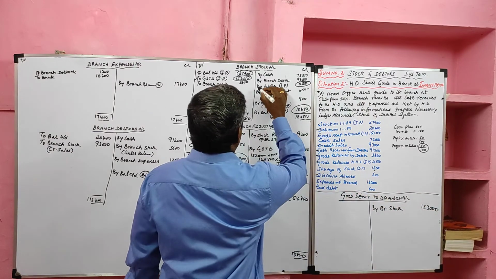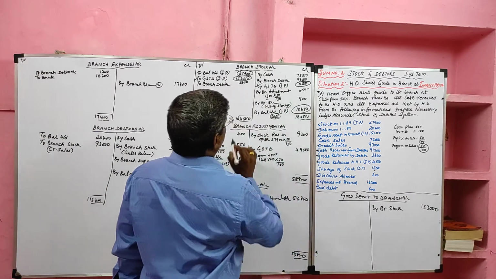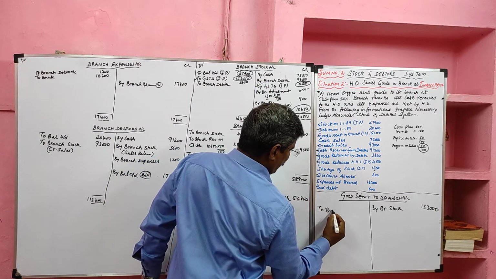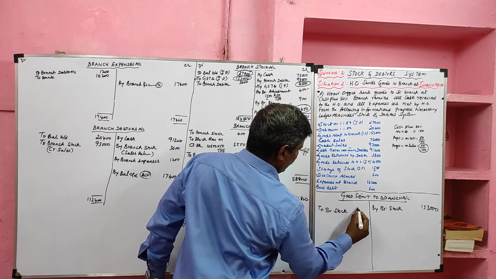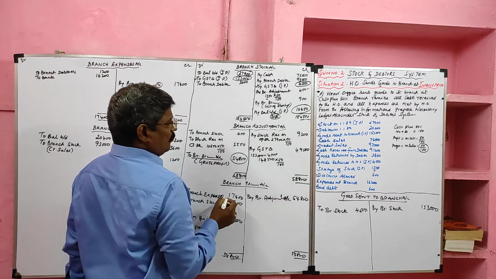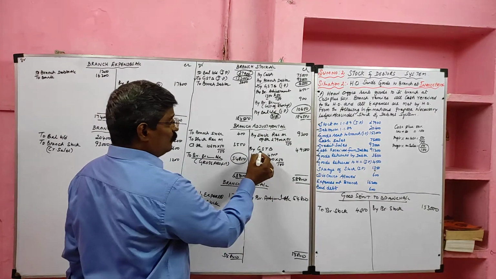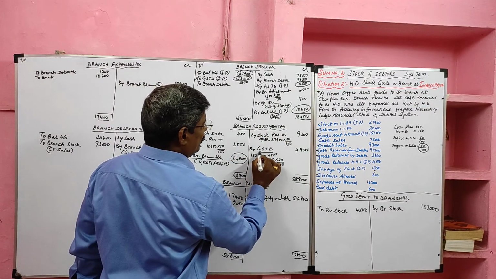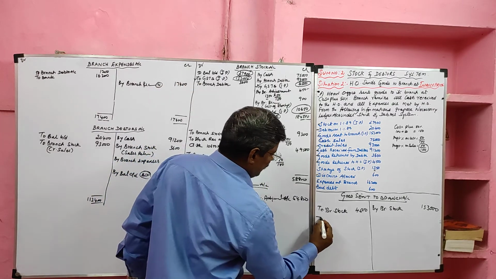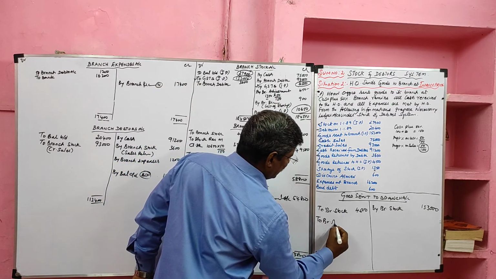Then in credit side, goods sent to branch credited in branch stock account. Here it should be debited as to branch stock account, value 4,500. Then in branch adjustment account, we have taken stock reserve on goods sent to branch. It is recorded as goods sent to branch in the credit side of branch adjustment account. Here it should be debited as to branch adjustment account.